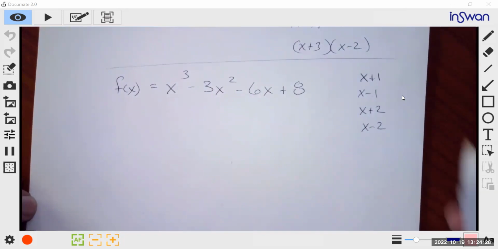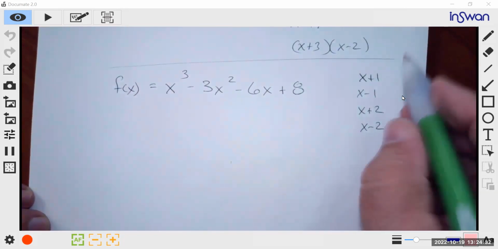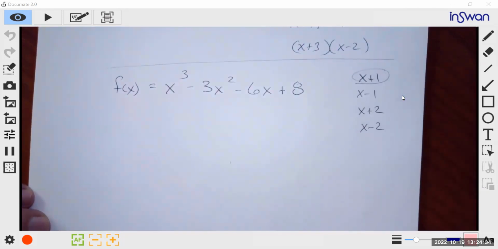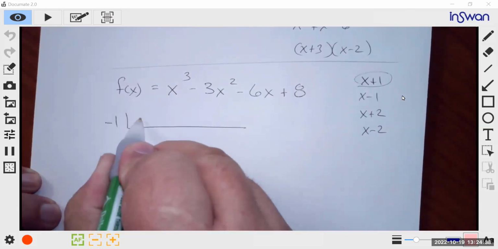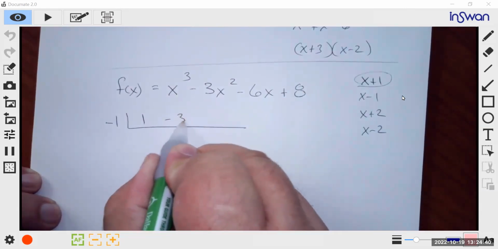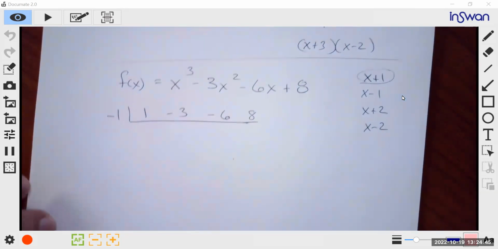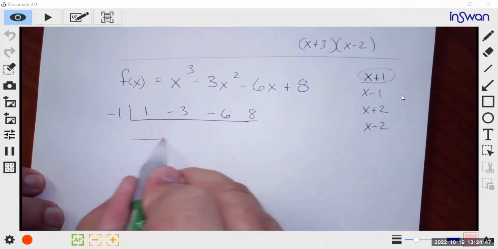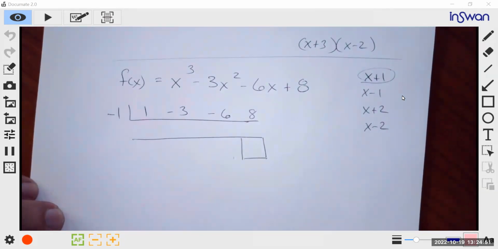So if we use synthetic division, what would we put instead of this one? Let's try -1. So it's 1, -3, -6, and 8. We're looking for a 0 here.